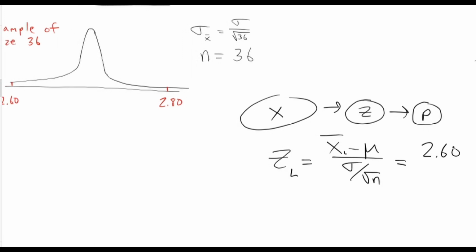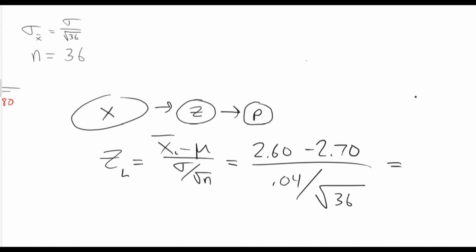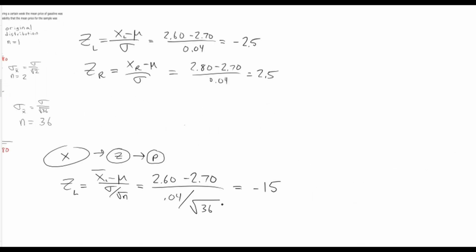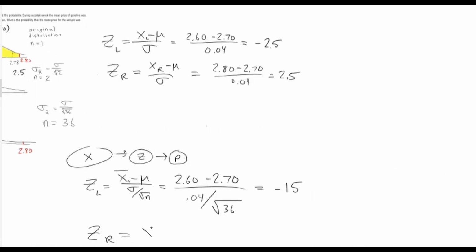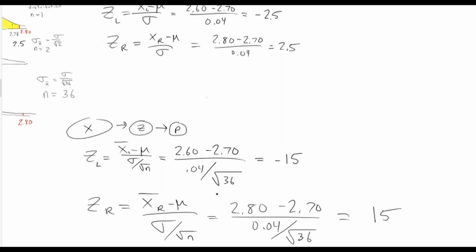So 260 minus 270 over 0.04 over the square root of 36. Do that on the calculator, I get negative 15. And then do it for the right side as well, and I get 15.